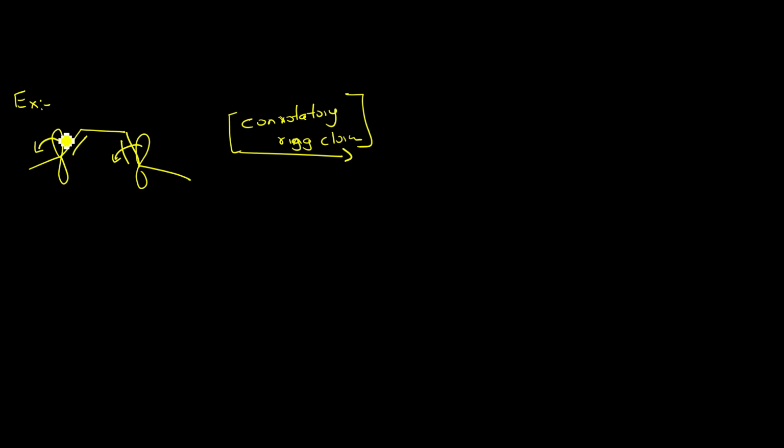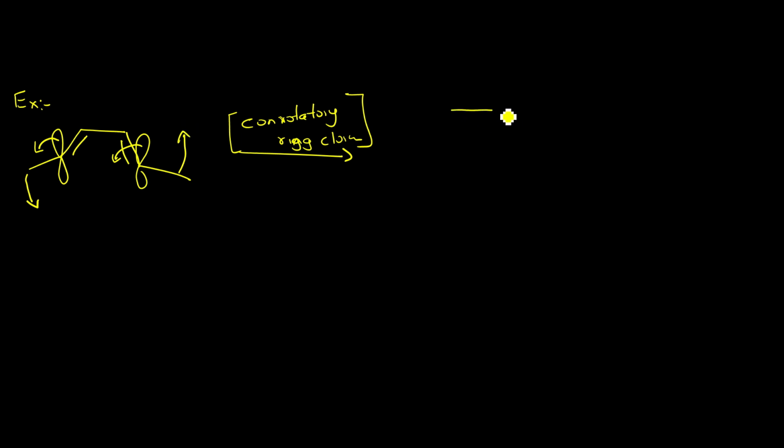Now when this orbital goes to the left, you will see that this methyl group goes into the plane, it goes down. Now when this orbital goes to the left, this methyl group comes up. So this methyl group goes into the plane, while this methyl group goes up from the plane.